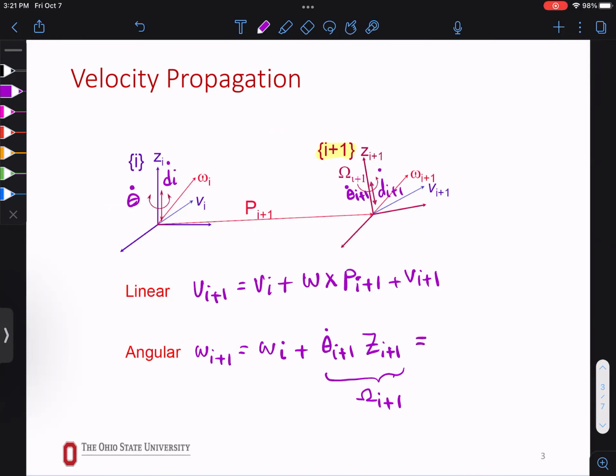So this would become omega i plus omega capital I plus 1. And then you might say, so how about that first one? Well, for the first thing, you have that. And then for the other ones, since omega i includes this omega i plus 1, you have the direction.